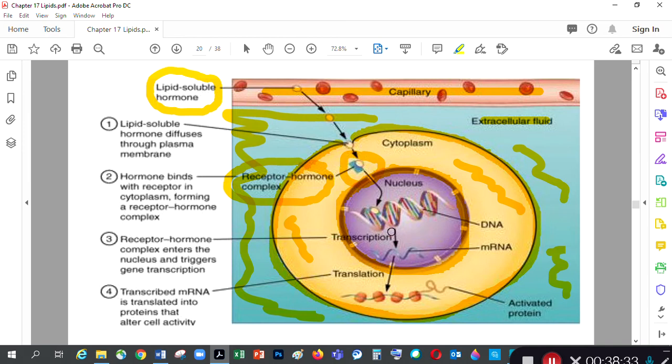The hormone binds with the receptor in the cytoplasm, forming a receptor hormone complex. Now they were successful in making a complex with the receptors.